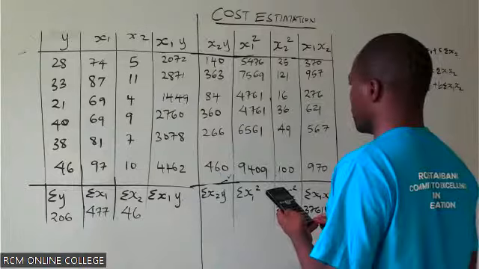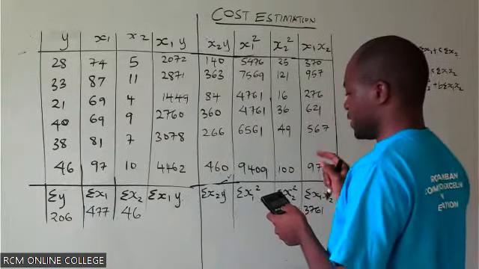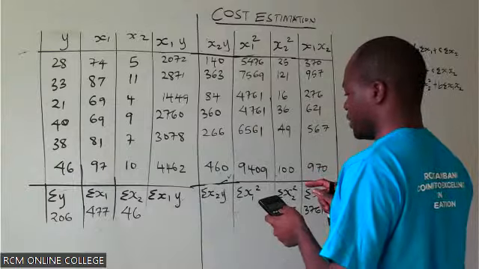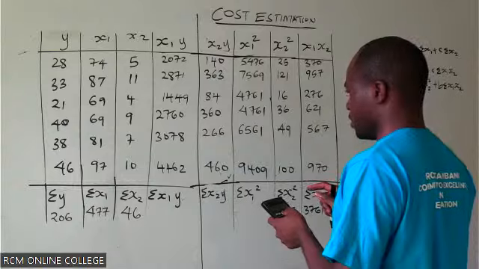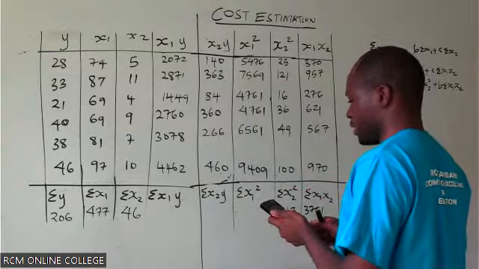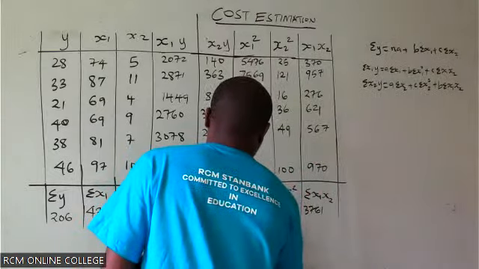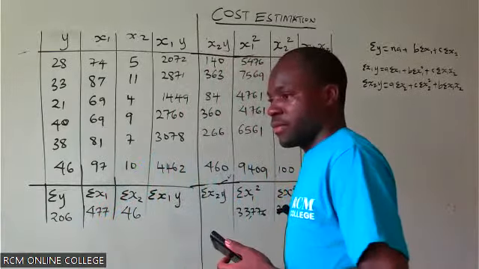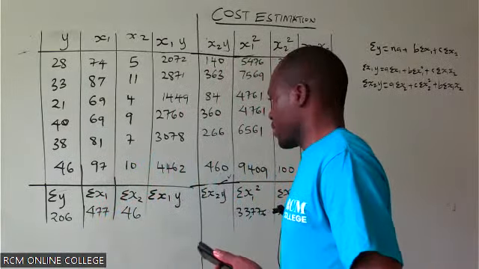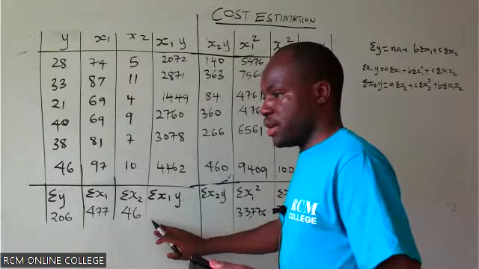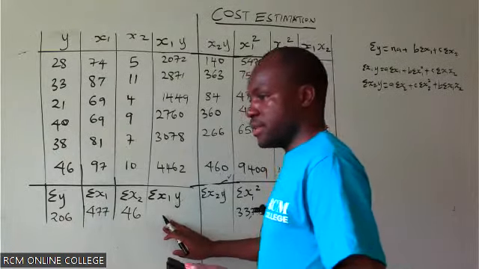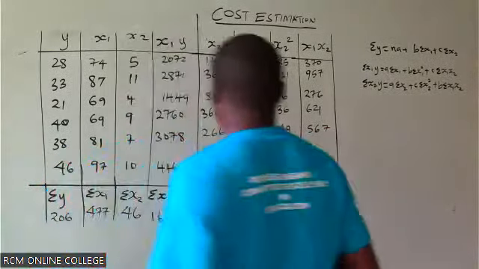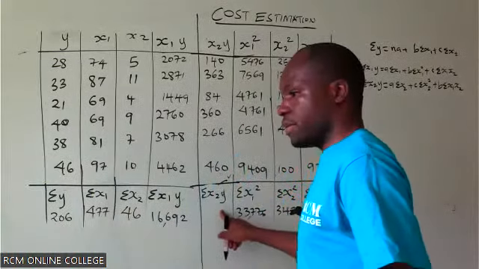I'm getting 33,776. Okay, I'm told the x1y is 16,692. Thank you. Then this one is remaining.